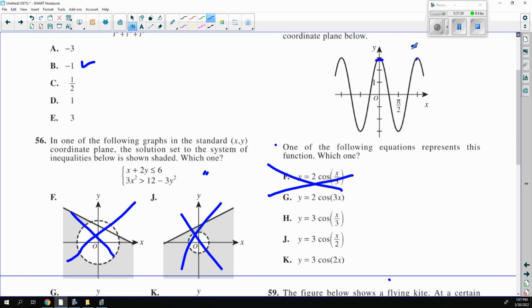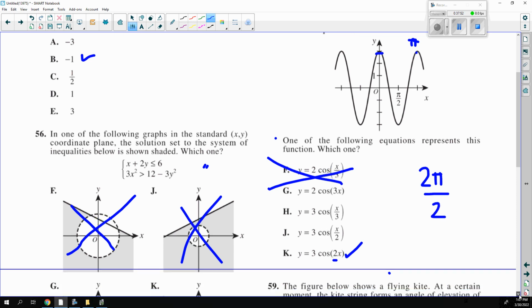Rather, this is pi, based on the fact that this is a half. So it's going through its period twice as fast. Remember, the period is 2 pi divided by the multiplier. So 2 pi divided by 2 would give me K. That's the graph.